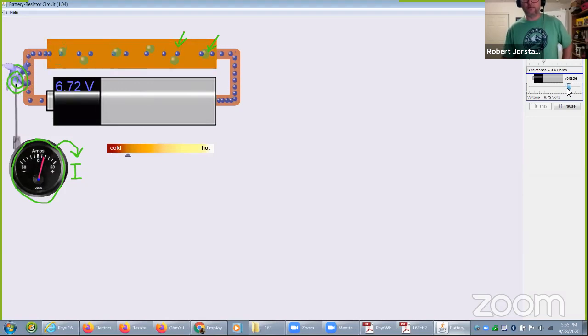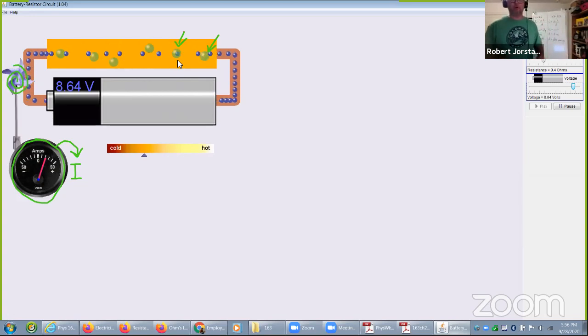It's getting warmer, that thermometer scale down there. As these things get warmer, notice the green balls are wiggling faster. That gives them more thermal energy to smash into the electrons and slow them down.